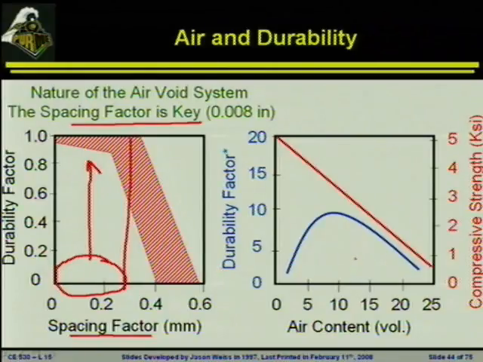Questions on that? Now, there was also another question, I believe, last time that asked if there's such a thing as too much air inside of the system. One of the things that you will notice here is if we add air, and this is air content by volume on the bottom, the strength of the concrete will simply drop off because we are increasing porosity.